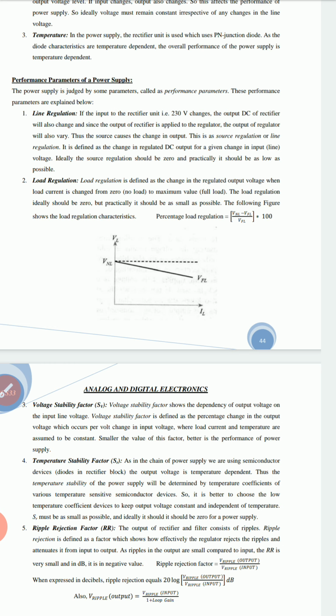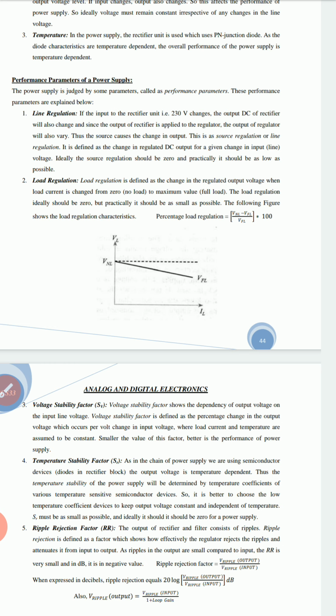Now, load regulation. Load regulation is defined as the change in the regulated output voltage when the load current is changed from 0 to maximum value, that is, full load.